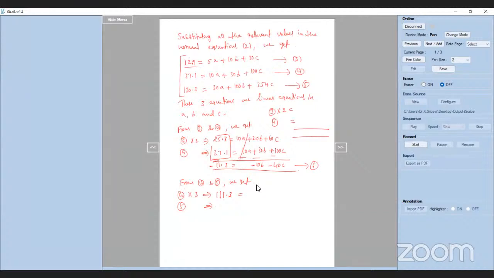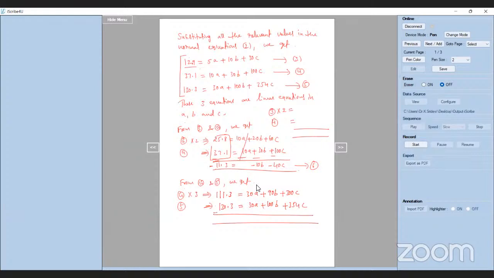So 111.3 equals 30A plus 90B plus 300C. Next, the fifth equation comes as it is: 130.3 is equal to 30A plus 100B plus 354C.